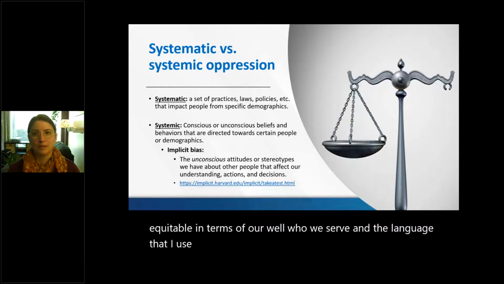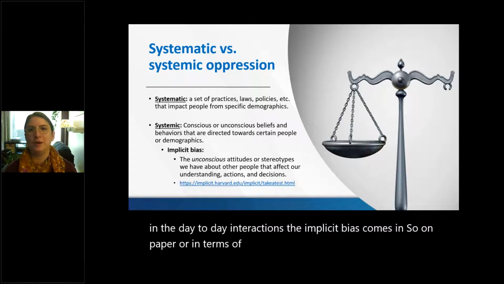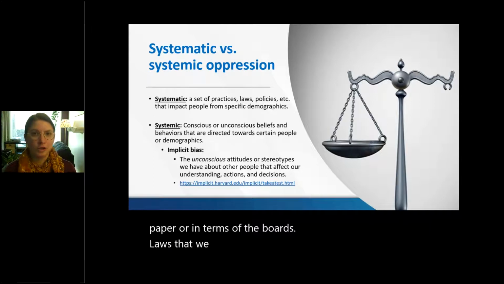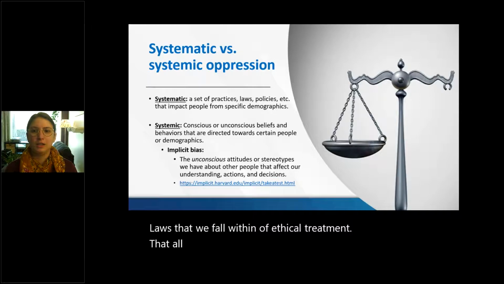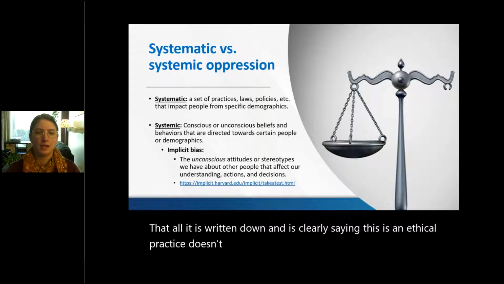And a lot of times I see that, and then in the day-to-day interactions, the implicit bias comes in. So on paper, or in terms of the board's laws that we fall within of ethical treatment, that all is written down and is clearly saying this is an ethical practice, this doesn't discriminate on paper. And then thinking, how does that show up?